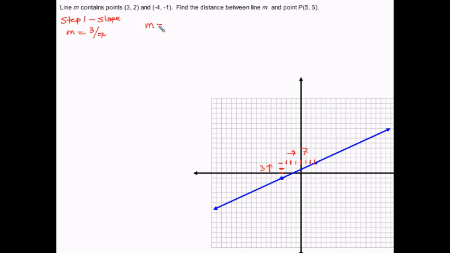Again, to find that using the equation, I'll have negative 1 minus 2 over negative 4 minus 3, which will give me negative 3 over negative 7, and two negatives make a positive.